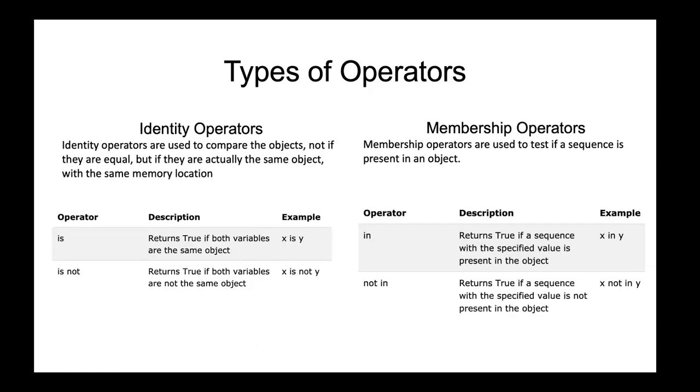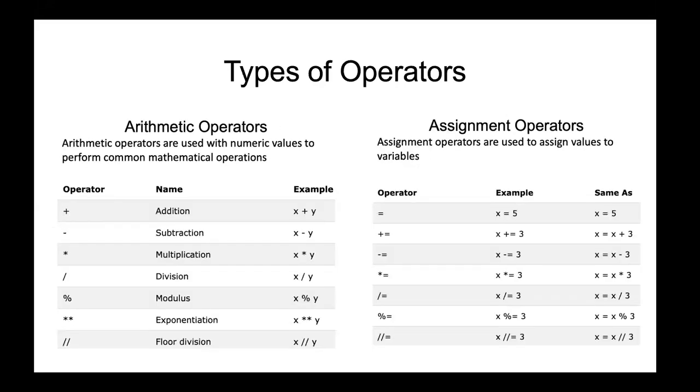And then the next set of operators are the identity operators, which identify whether one value is actually another value. These are different from the assignment operator. The assignment operator, the equal sign here, is a single equal sign.